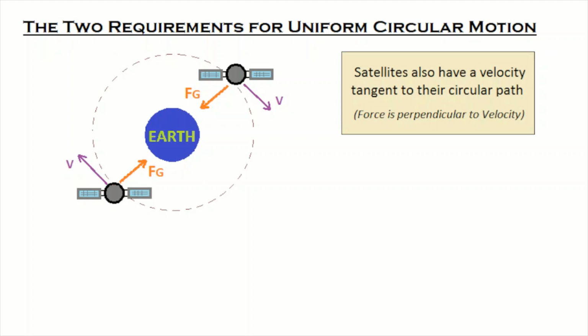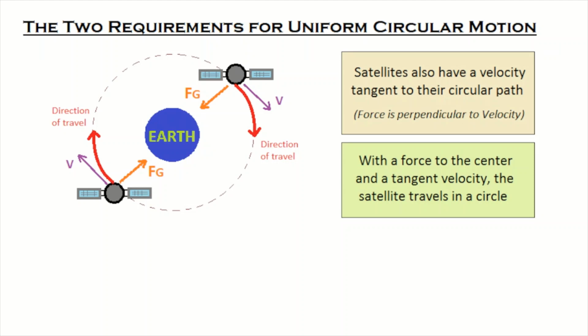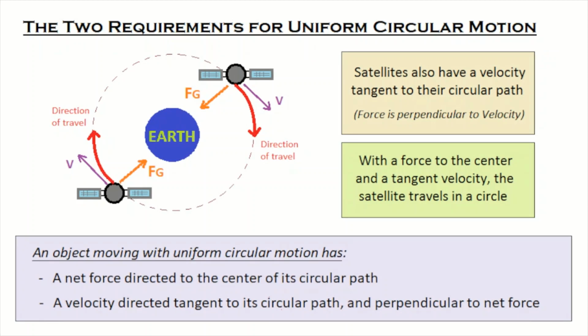So if both of these vectors are present, a central force and a tangent velocity, the object will split the difference between those vectors and move in a circular path. So the two requirements for uniform circular motion are a net force directed to the center of its circular path and a velocity directed tangent to its circular path, which ends up being perpendicular to the net force.